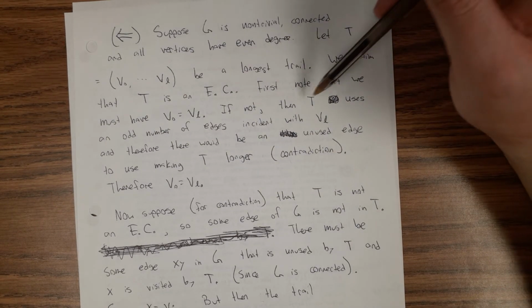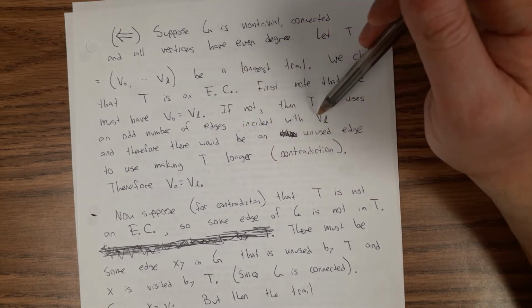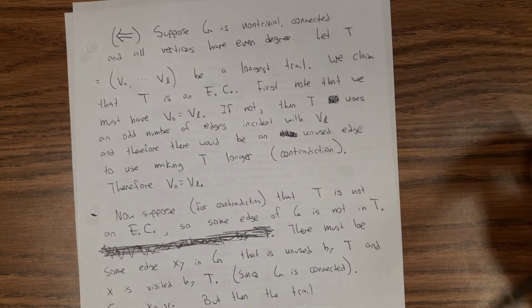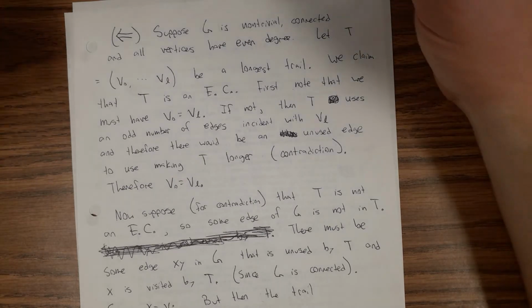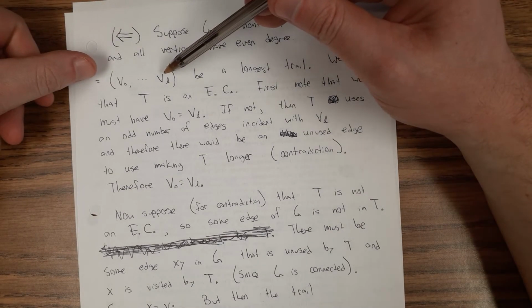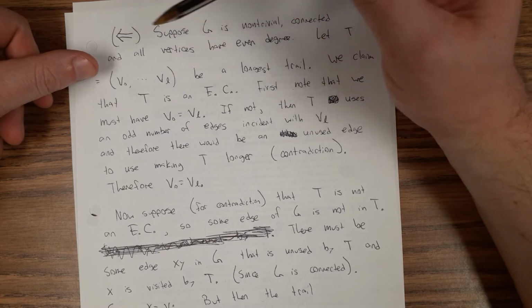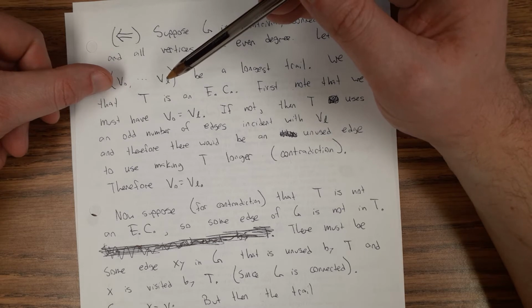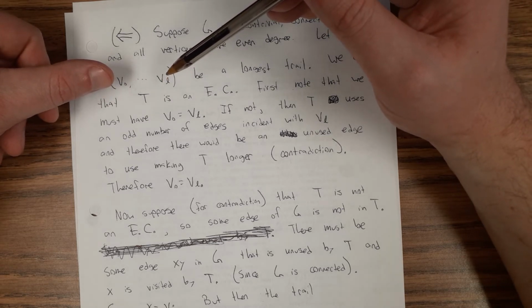Then T uses an odd number of edges incident with VL. Why is that? That goes back to similar reasoning that you saw me use in the other direction. So imagine that we have this trail, and this time imagine that V0 and VL are different vertices.